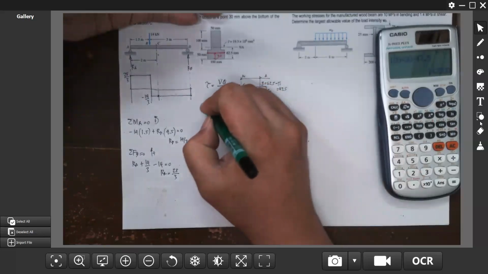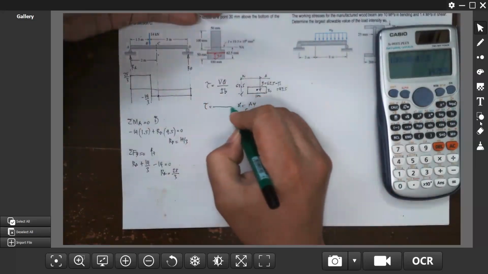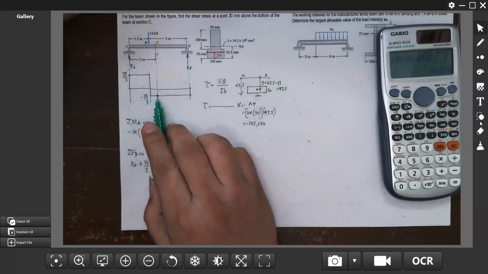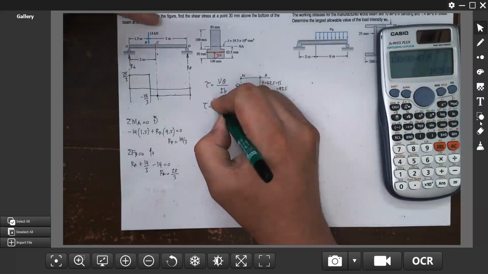So, to solve for stress, your V is 14/3 kilonewtons, so times 1,000.